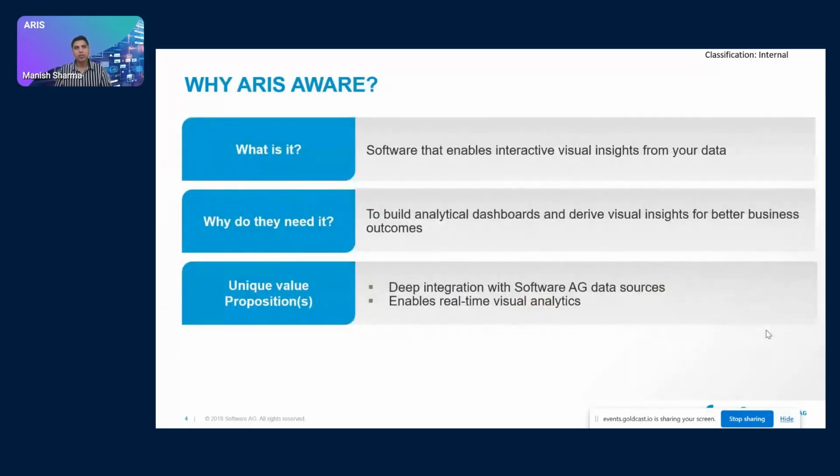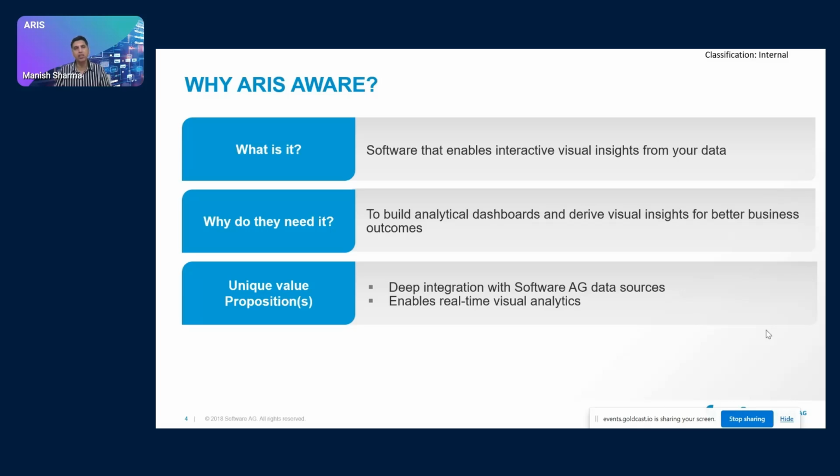Right. So why do you want to use ARIS Aware? ARIS Aware is sort of a capability that lets you look at the data in a visual format. So instead of looking at models and numbers, it is easier to look at graphs. So in terms of analytics, when you look at a pie chart or a histogram or a bar chart, it's easier to analyze the trend or the pattern.